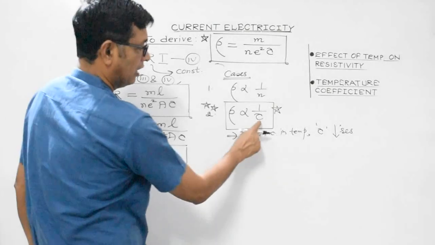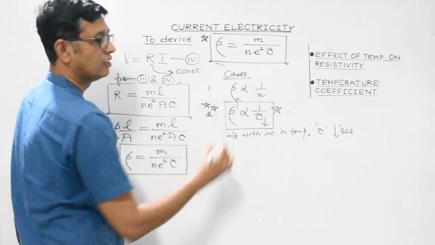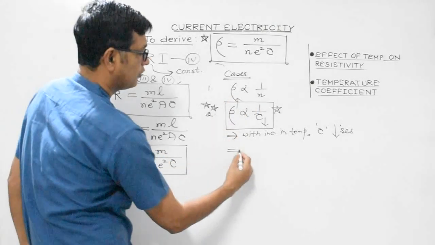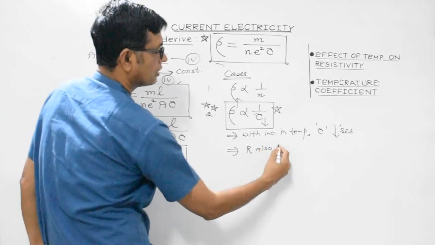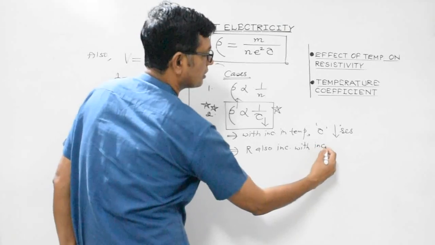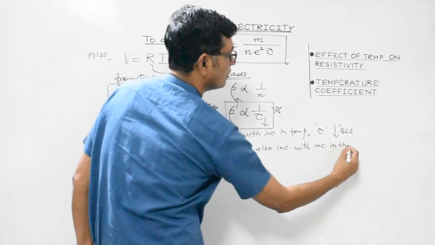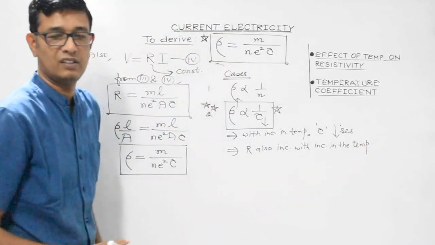Right? Now, with the decrease in the average relaxation time, the resistivity increases, and therefore resistance also increases with increase in the temperature. So this is the conclusion basically, students.